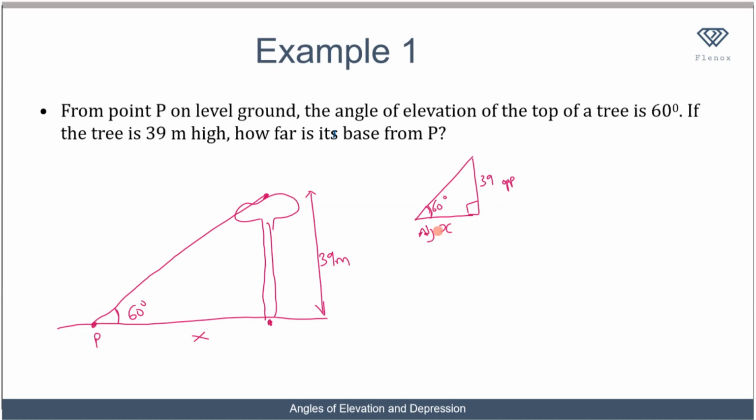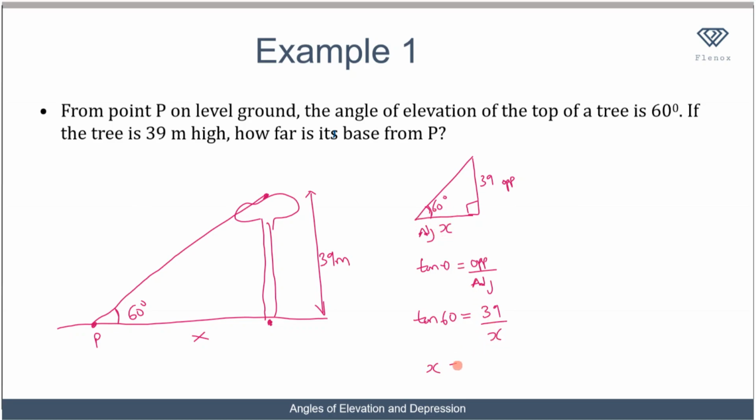So what connects the adjacent and the opposite side of a right angle triangle? We know that that is tan. So I can write that tan theta equals opposite over adjacent, my knowledge of SOHCAHTOA. So tan 60 degrees equals my opposite, in this case 39, over my adjacent, which is what I'm looking for, and I've called X.